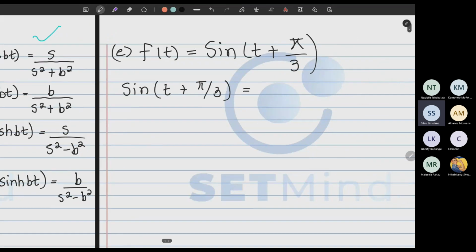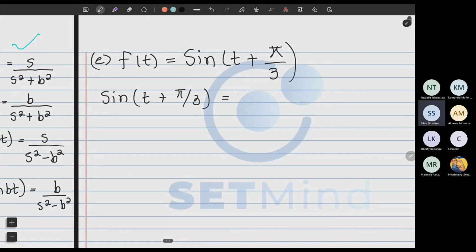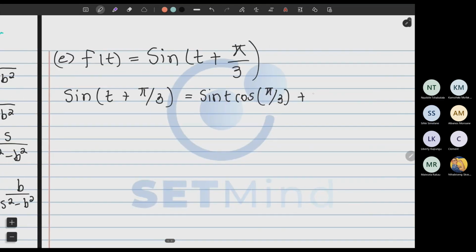So high school ratios. So this should be sine of t cos of pi over 3 plus sine of pi over 3 and then cos of t.